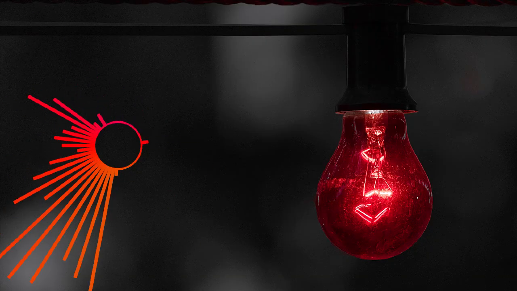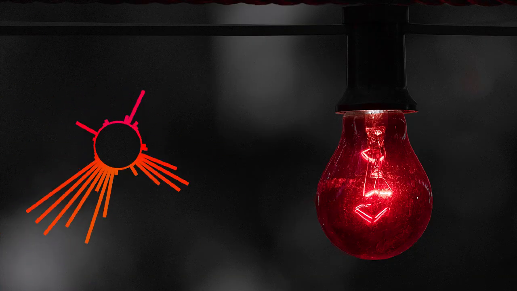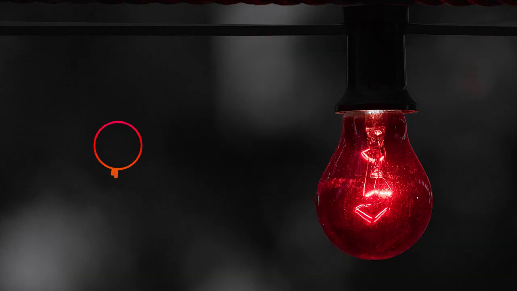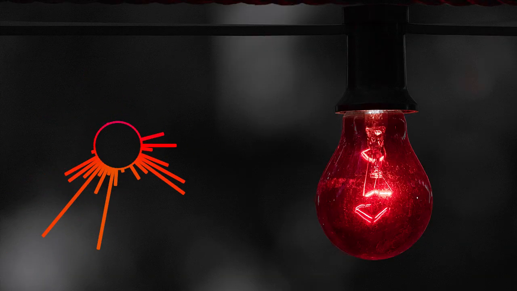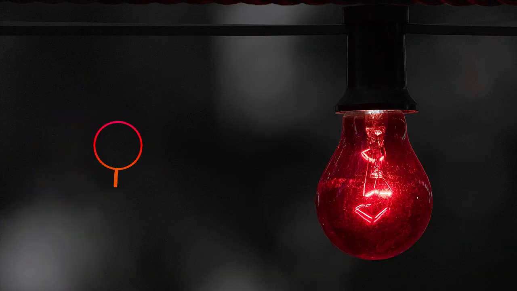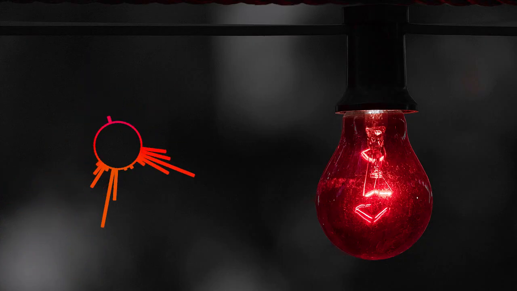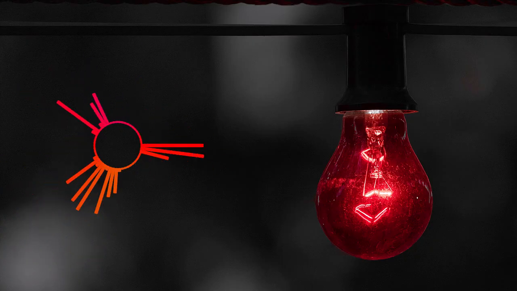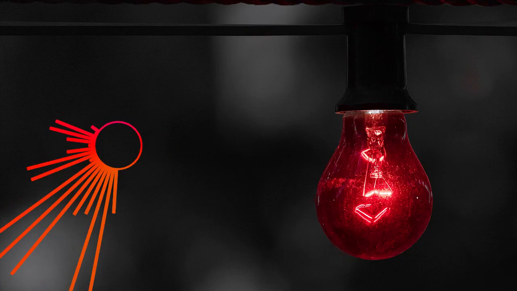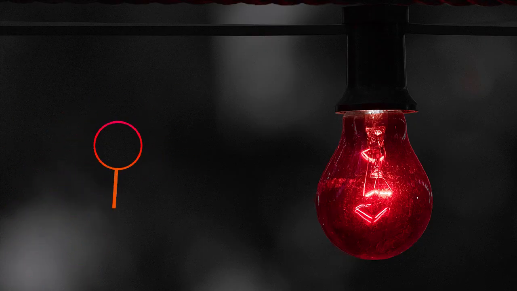Now, let's talk about why everyone is switching to LEDs. Here are some of the biggest benefits. High brightness and intensity, great visibility with lower energy use. Efficient, less wasted energy, low electricity bills.